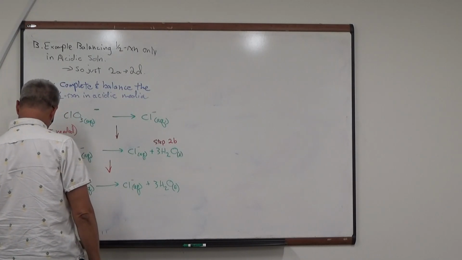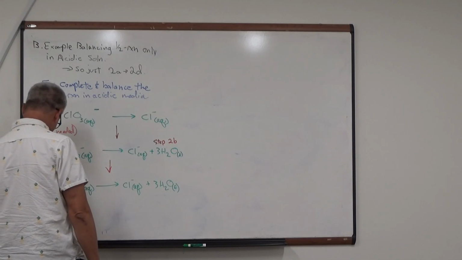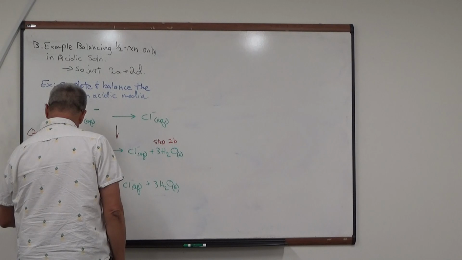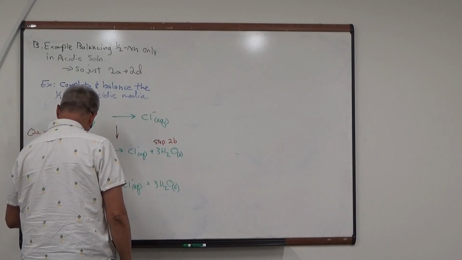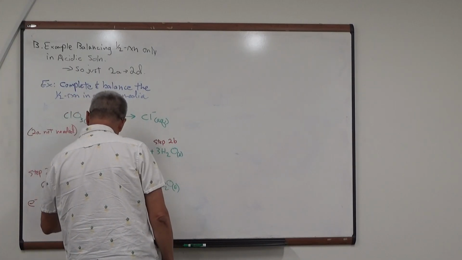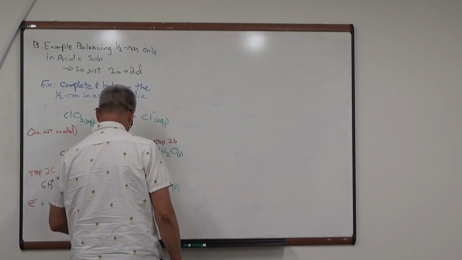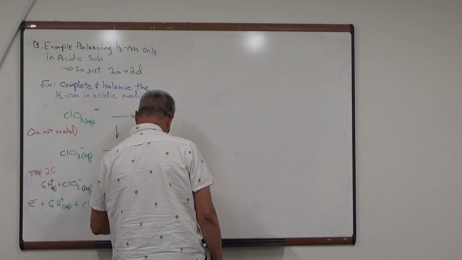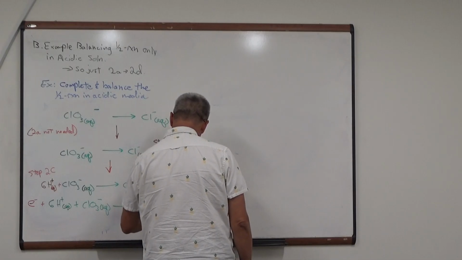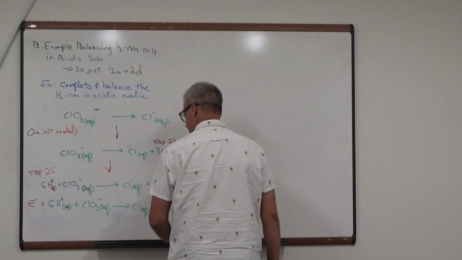So electron plus six protons, ClO3 minus, goes to Cl minus, 3H2O liquid.